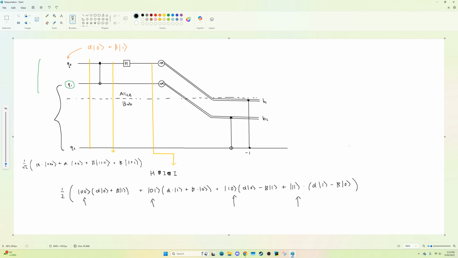And they're all unique from each other. So what I mean is that if we measured the first 2 qubits and we get 0, 0 as our result, then we know the third qubit has this qubit state right here. If we measure a 1, 0, a 1 on qubit 0 and a 0 on qubit 1, then we know the third qubit has this state right here.